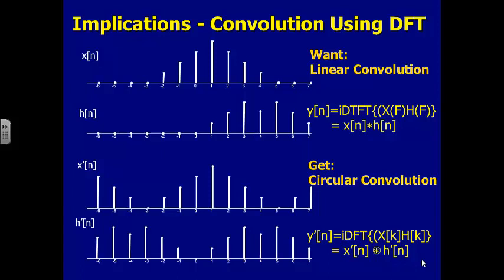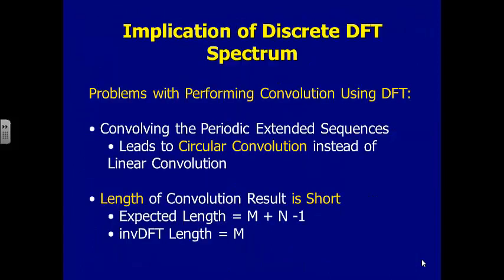So right off the bat, I know I'm in trouble. I'm not getting the right number of sample value answers. I should get the length of the x added to the length of the h minus 1. But I get just the length, whichever one's longer. And now they have to be the same length to multiply them. So there appear to be some problems in using the DFT for convolution.